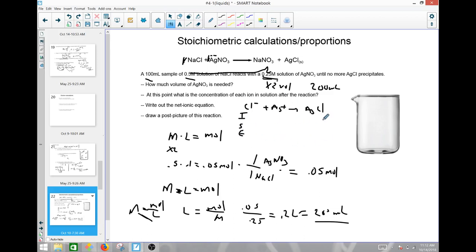Just as this is a data table, this is the work to fill the data table in. All right, well, this is the net equation. So draw a picture. In this case, if I mash them equally, I would have Na pluses floating around, NO3 negatives floating around, and at the bottom, I would have AgCl.